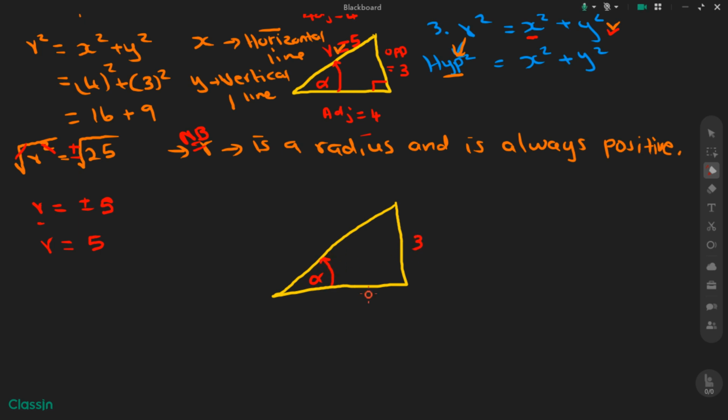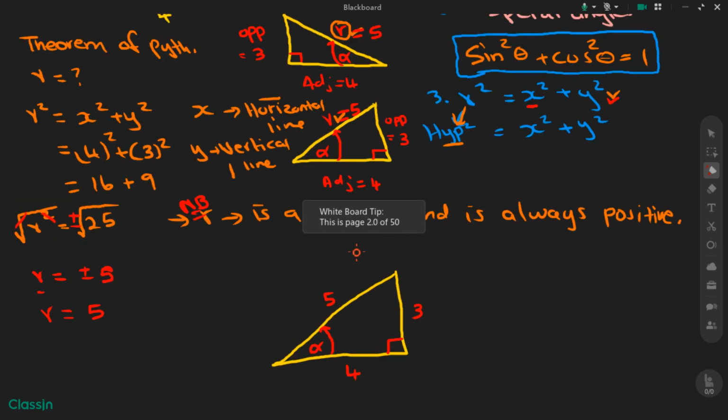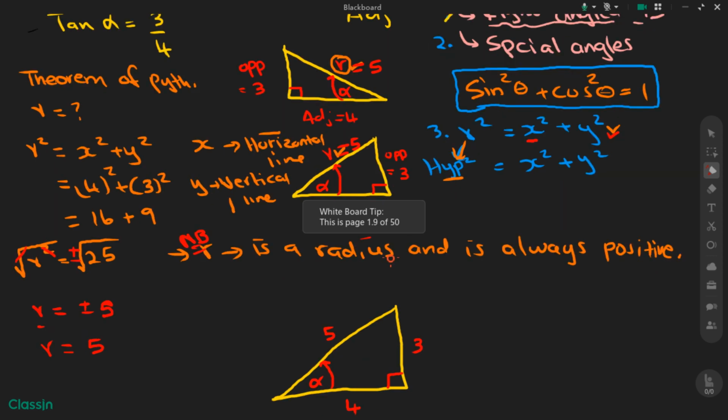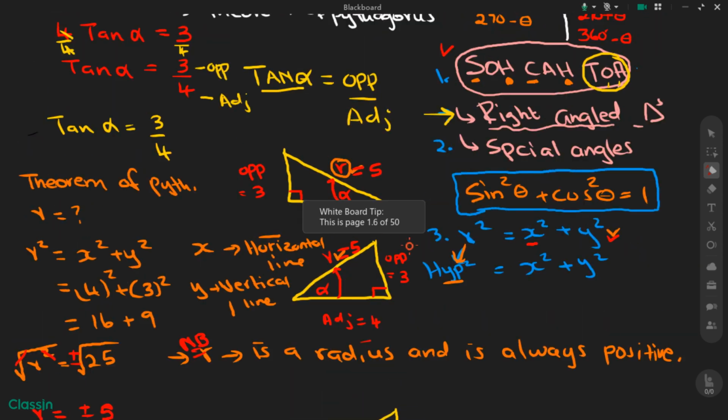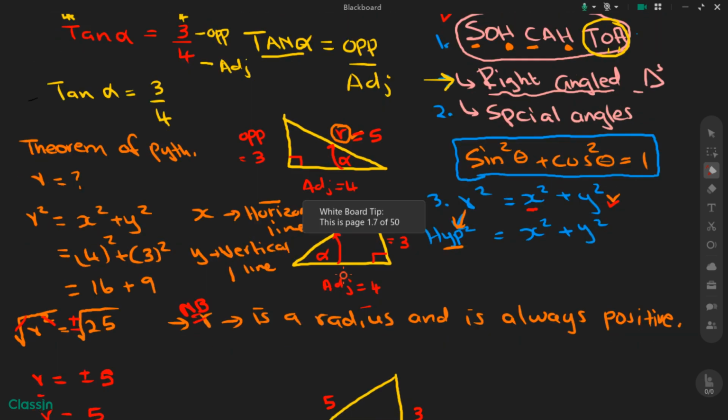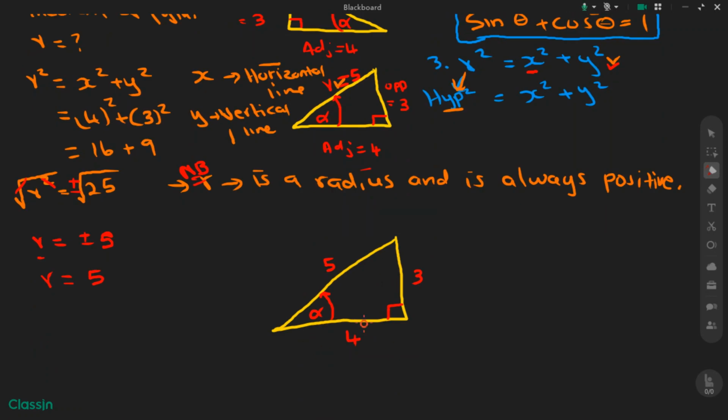This is 3, this is 4, this is 5, and that is our 90 degrees. That is when we can only use SOHCAHTOA. We cannot use the theorem of Pythagoras or the special angles, because this triangle is not a special triangle.